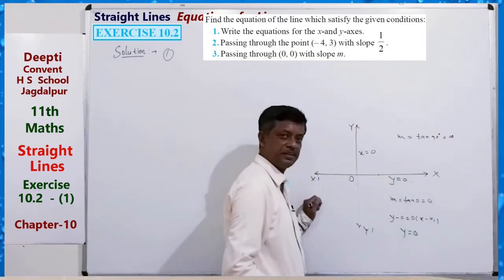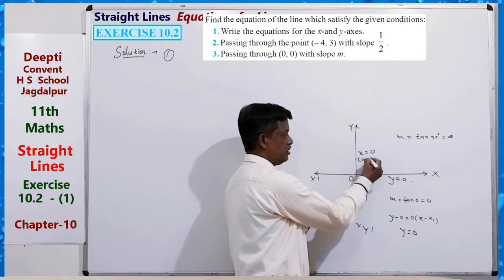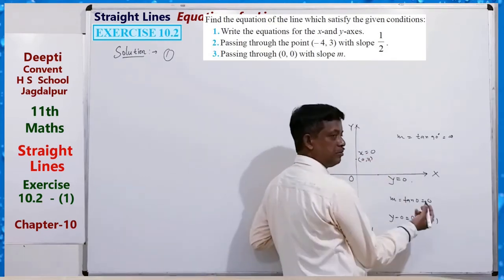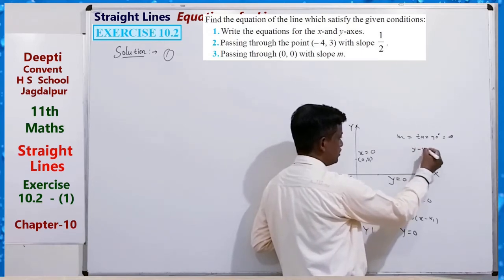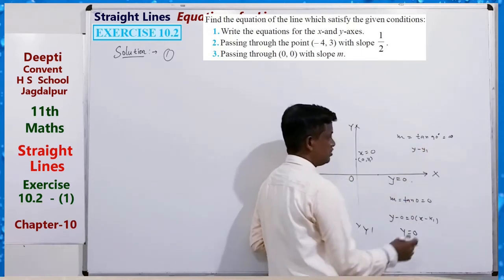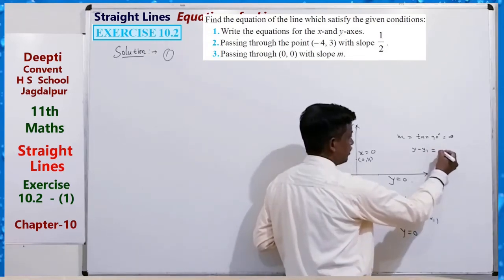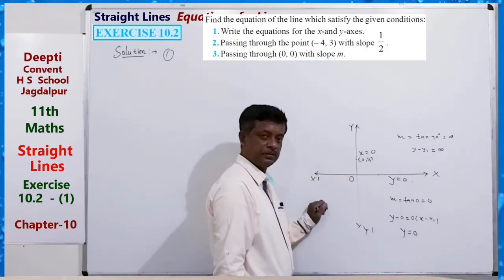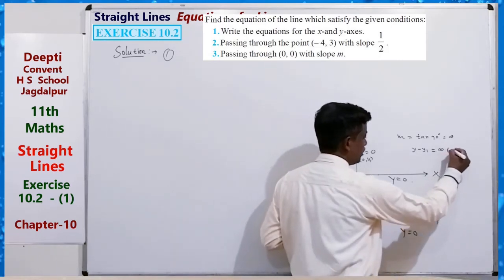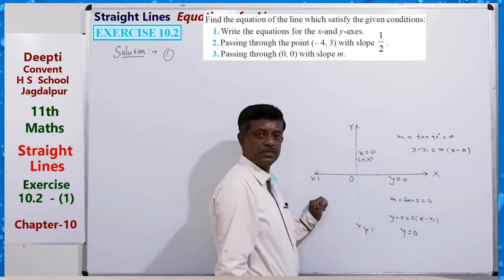So we can write any point here as x equals 0 and y1. So how can we write it? y minus y1, where y1 is the point, and slope infinity, x minus 0, where x1 is 0.